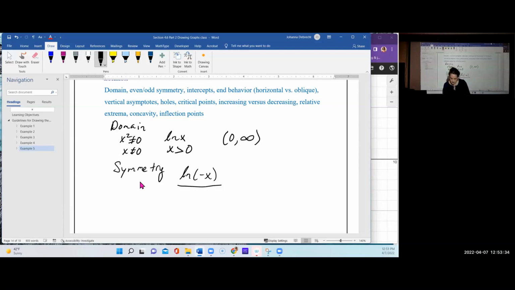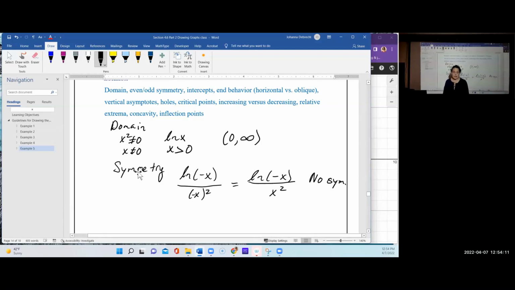And then when we replace the denominator with negative x, we get the same thing again. So we have negative inside the argument to the natural log, and the denominator is the same. But that negative can't come out of the natural log. It can't pull out. So this is not the original function, clearly, because this is a negative x in the argument. But it's not the opposite of the original function, which would have the negative on the outside of the function. So it's not symmetric. So no symmetry.